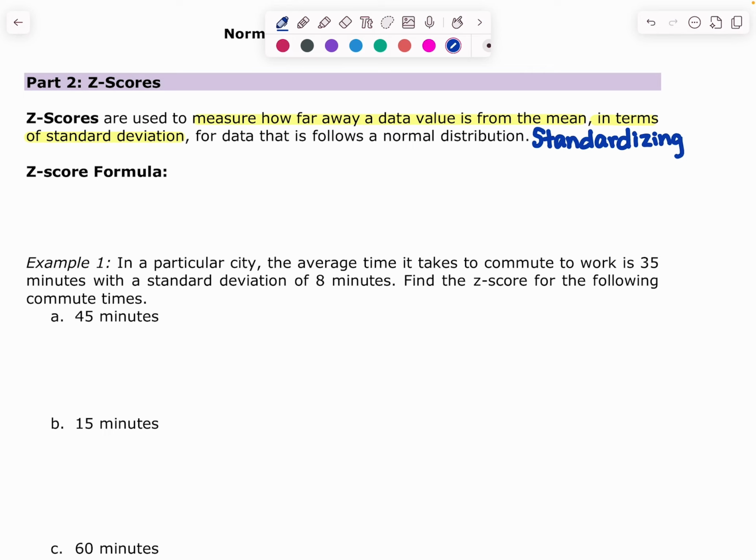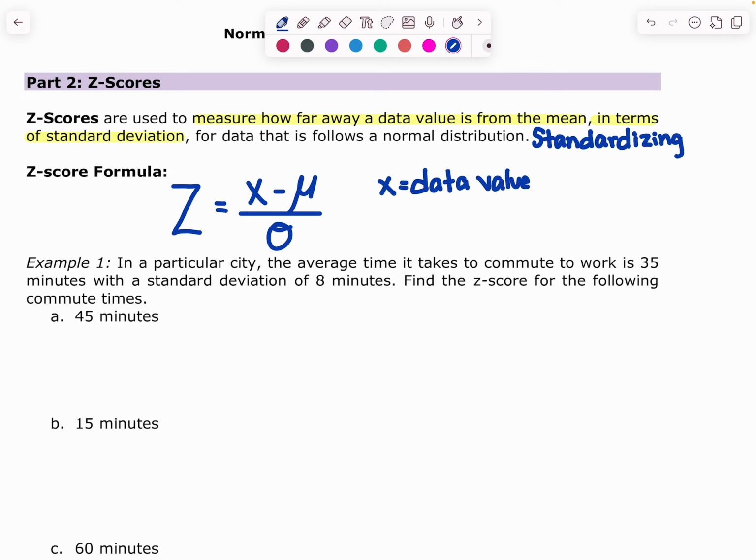So the formula for a z-score is z equals x minus mu divided by sigma. As a reminder, x is our data value.